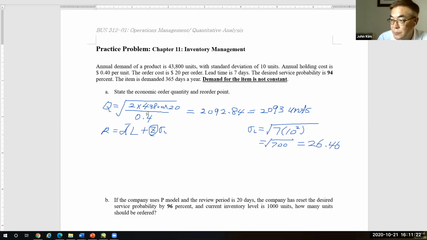Okay, then R equals d bar, which is 43,800, because uppercase D annual demand is given, so divide by the given days, 365, and times lead time 7, plus this z-score 1.55 times 26.46.